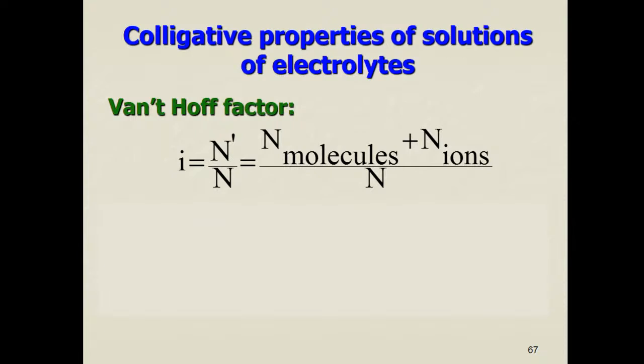But if an electrolyte is present, depending on whether it's strong or weak, it can dissociate completely or partially. The amount of particles really formed after the electrolyte dissolves is described with the Van 't Hoff factor, the isotonic coefficient.